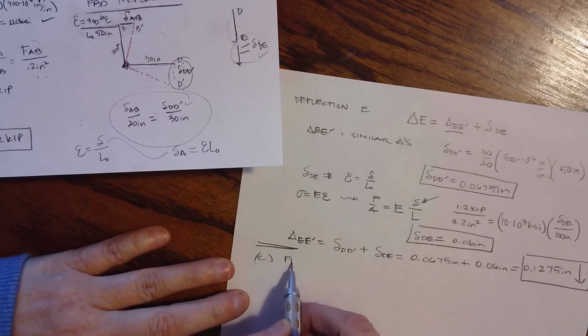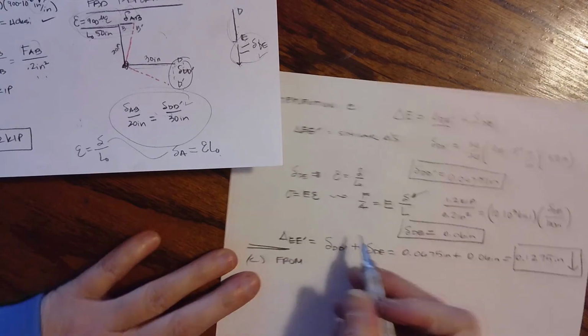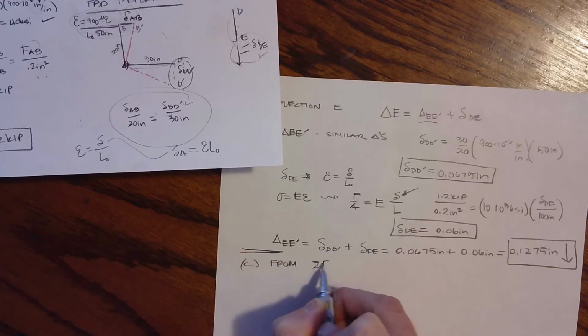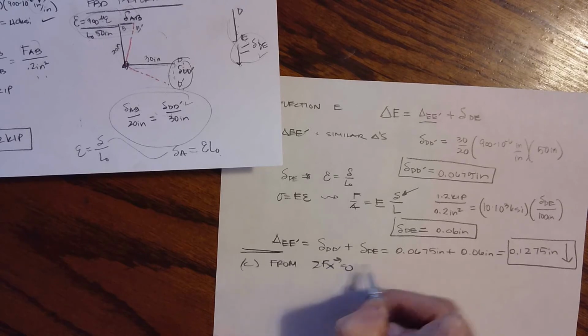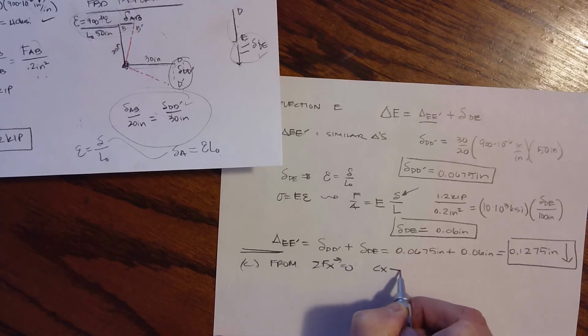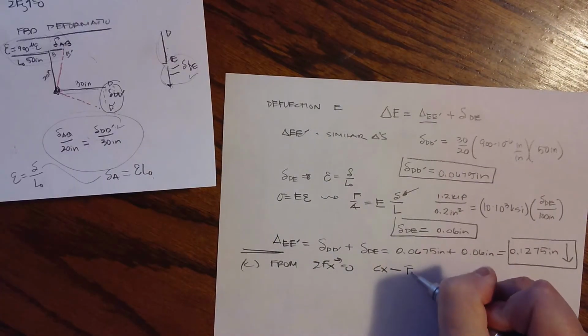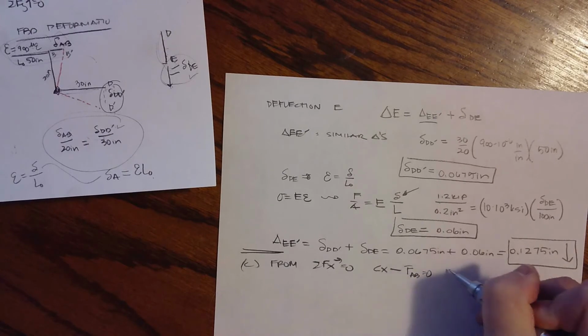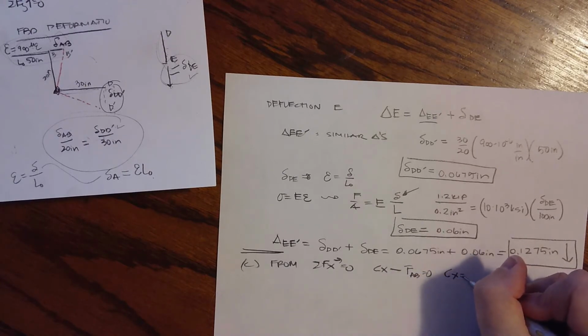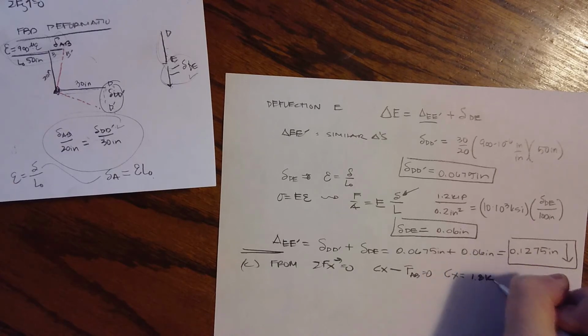From statics or equilibrium, when I sum forces in the x direction, I get that Cx minus the force in AB equals 0. So Cx equals 1.8 kips.